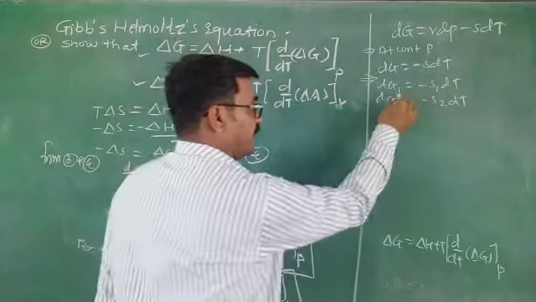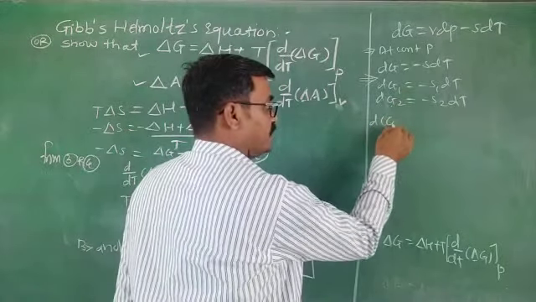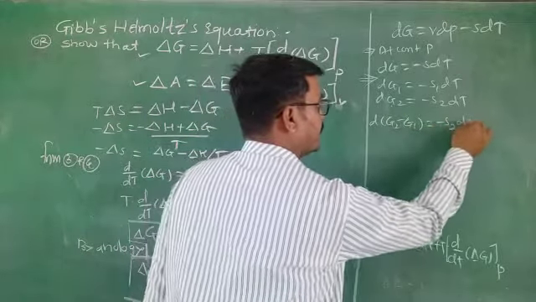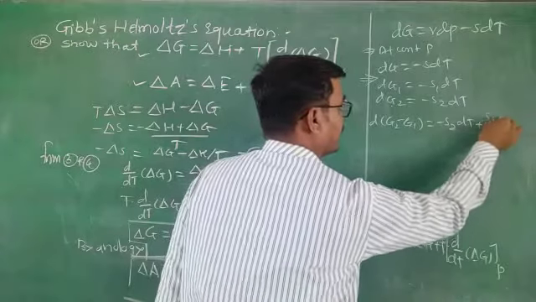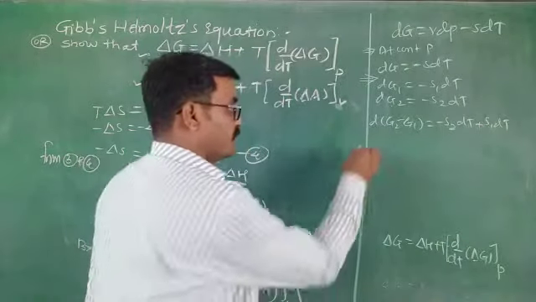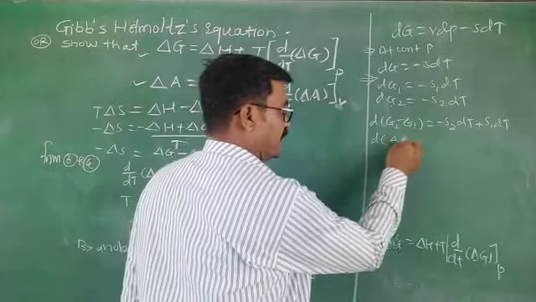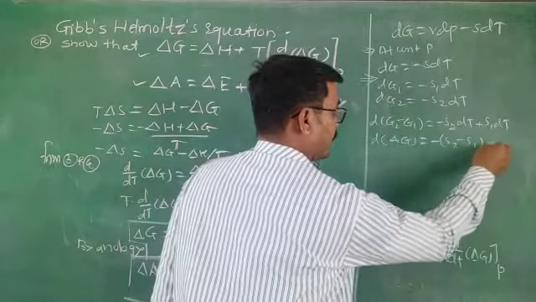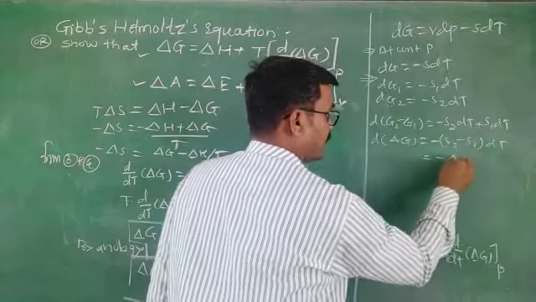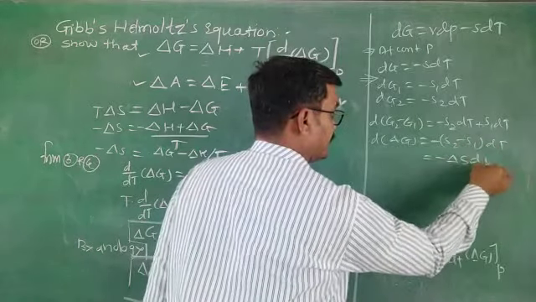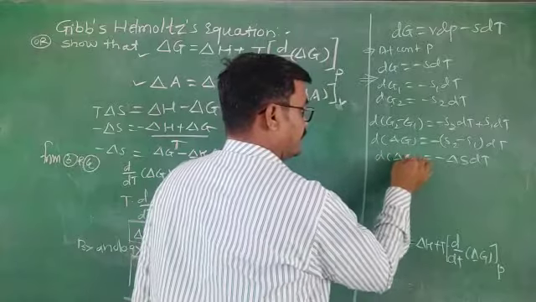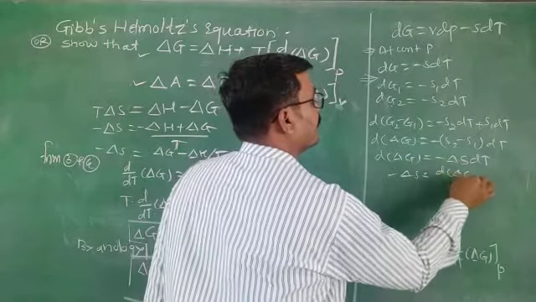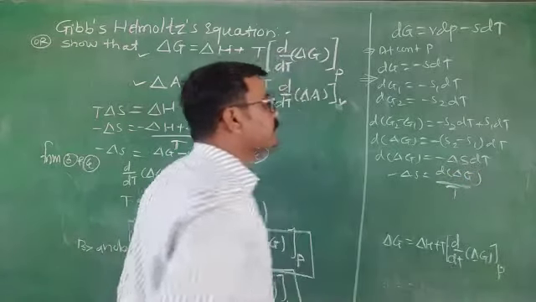Now subtracting, d of (G2 minus G1) equals minus S2 dT plus S1 dT. This is nothing but delta G, and this is delta S, so it will be minus delta S into dT, that is d delta G. That's why minus delta S equals d of delta G upon dT.